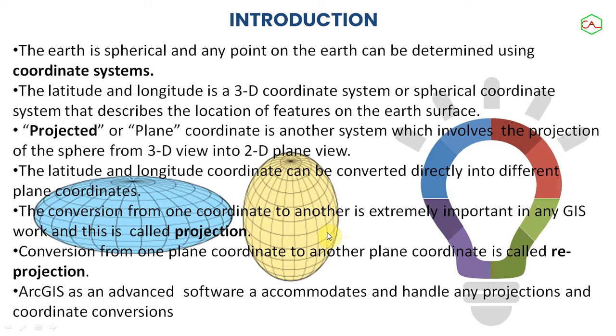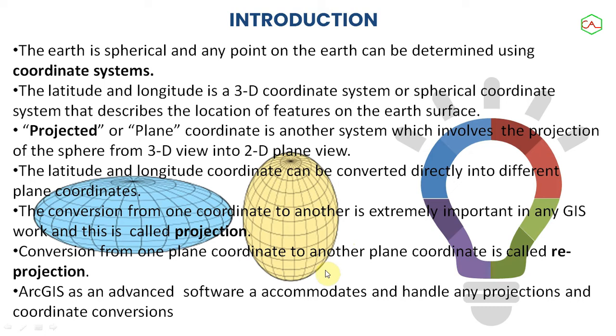So conversion from one coordinate into another plane coordinate is what we call reprojection. So you can project a coordinate into a particular plane coordinate. Then from there, you can reproject it into another coordinate, depending on the kind of model or the location you are working on.